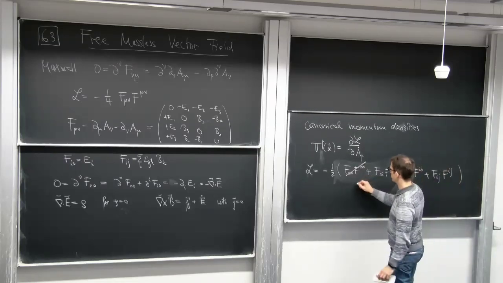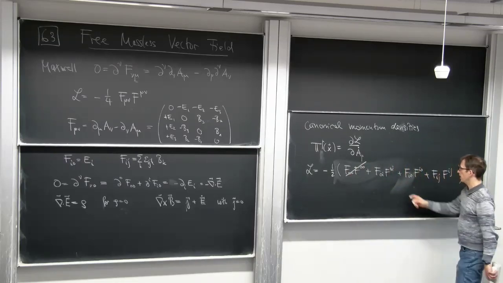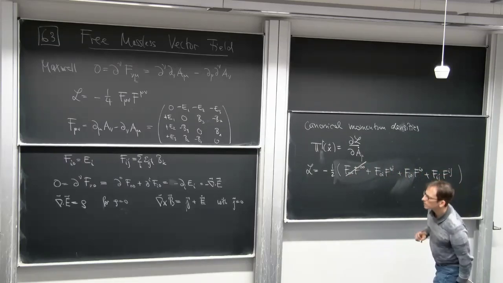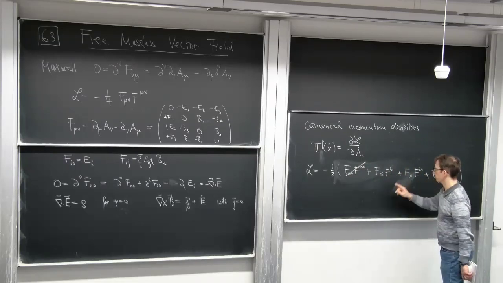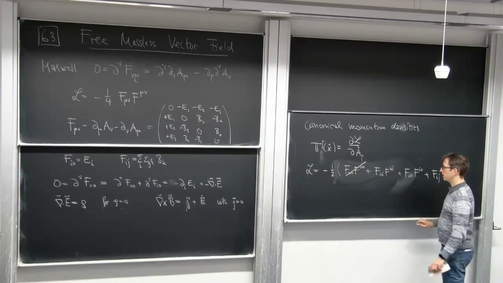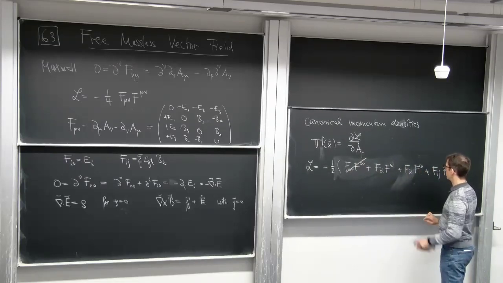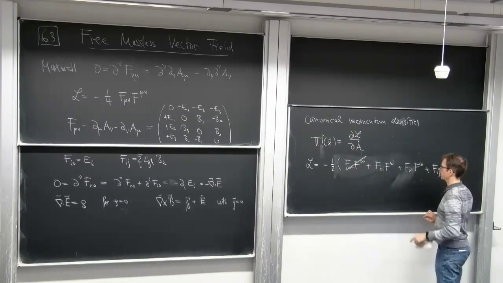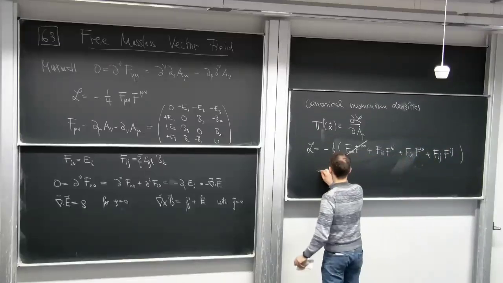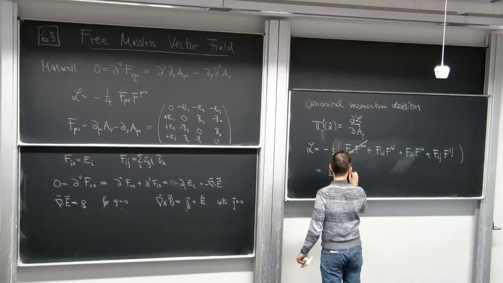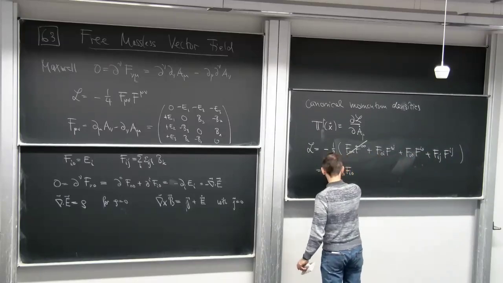That's nothing because these components are 0 and these are the same. I switch them around. Maybe keep them, switch them around, you get two minus signs. And then they look the same, and then maybe also pull these indices down, which gives me another minus sign. So this is equal to 1/2 Fi0 times 2.